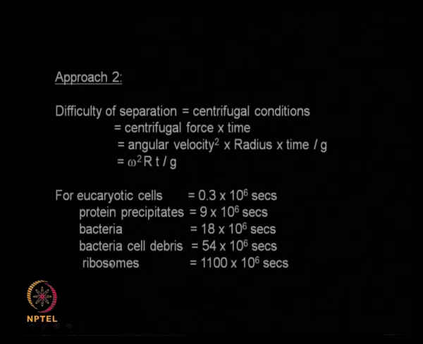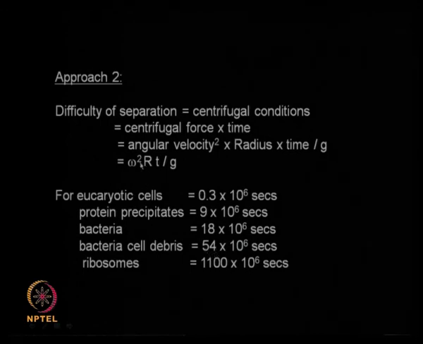So, what it means is it is very difficult to separate ribosomes when compared to bacterial cell debris, bacteria, protein precipitates or eukaryotic cells. Obviously it means it is more difficult to separate cell debris than cells itself, and we can scale it up based on the difficulty of separation.